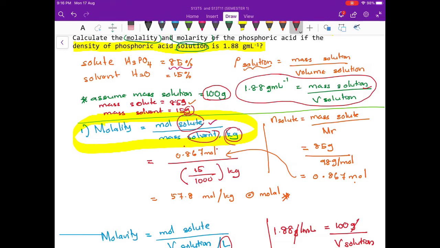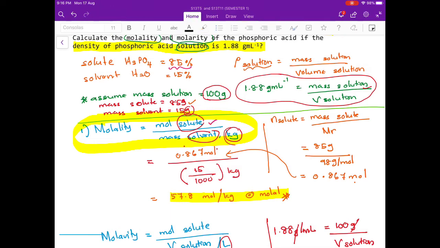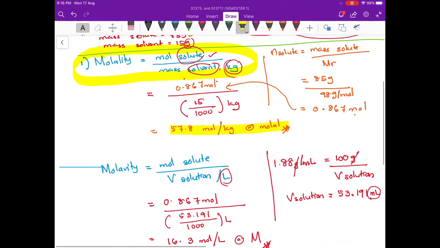If you put only mole over mass solvent, it is wrong. Okay, and then make sure your final answer has a complete unit. Right, same goes to the second one, molarity. This is the complete formula, and your final answer must be in mole per liter or mole per decimeter cube or capital M.